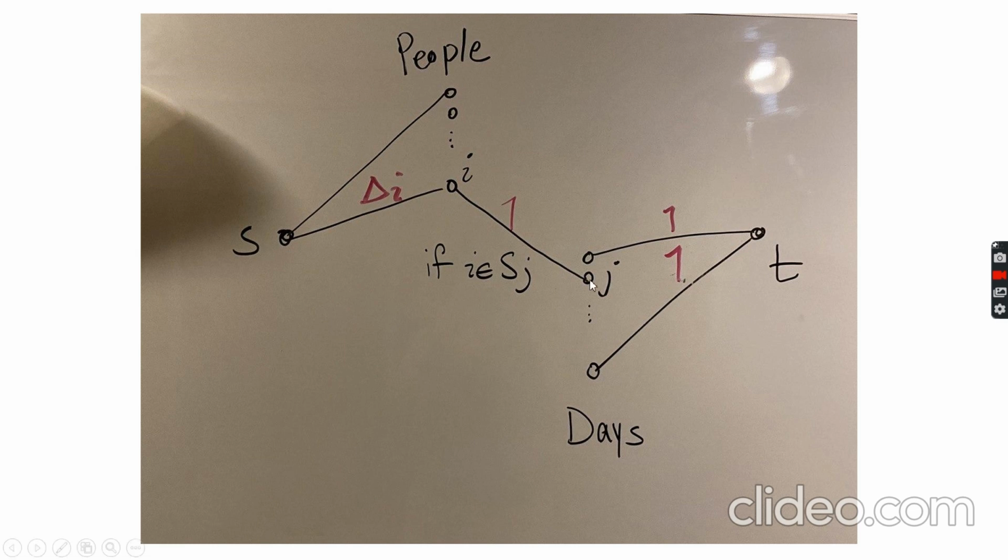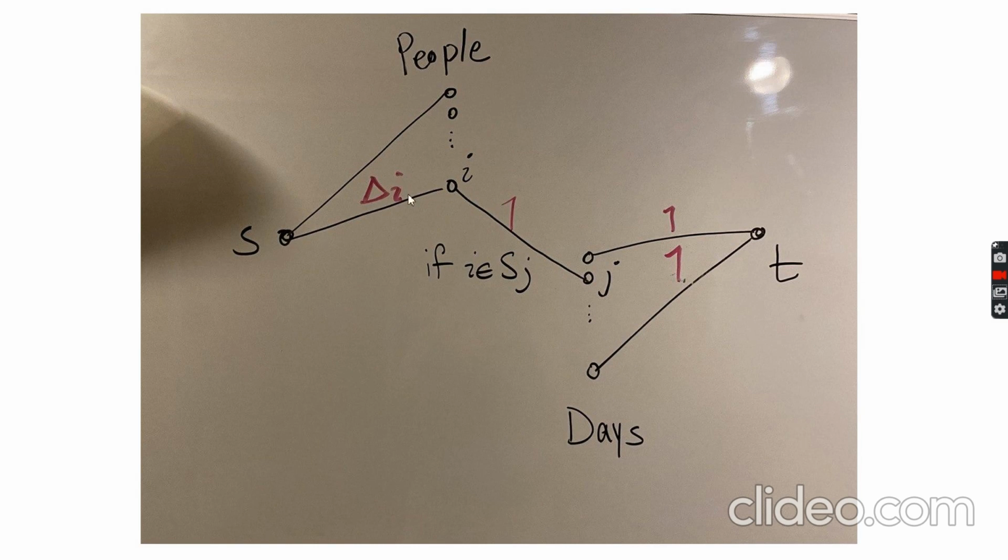And when the flow of such an edge is 1, then there is an edge here with flow 1 again. I'm emphasizing that we are looking at integral flows, so these flows are going to be either 0 or 1, and so are these. So if we have a 1 here, then there is an edge going from days to people that has flow, and that edge is going to show us the driver on that day j.